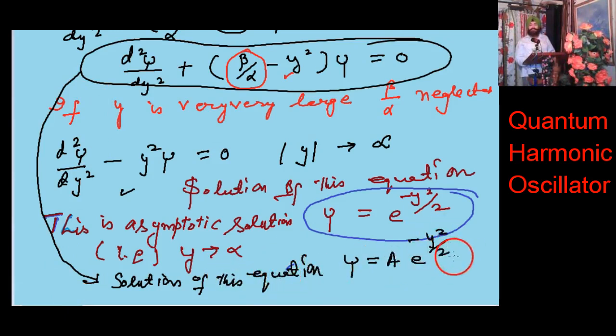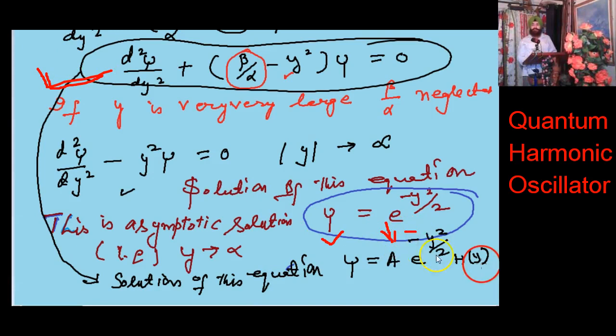But we need a general solution of this equation. We take help from the asymptotic solution for the general solution. So we are writing psi equals a e raised to power minus y square over 2 into h, some function of y. From the asymptotic solution we are coming to the true solution of this equation.